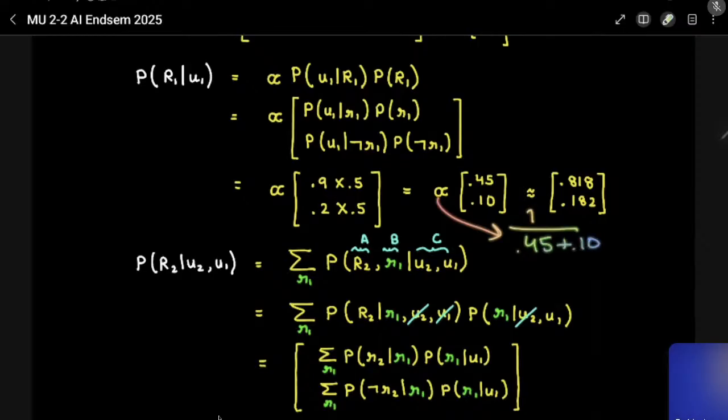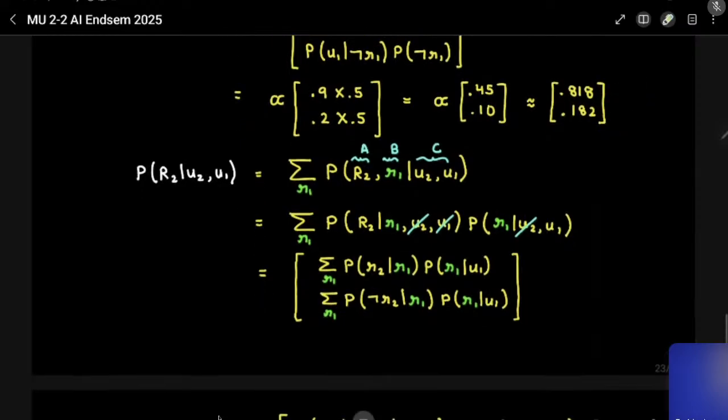If you go by the probability way also, you'll get the same value. But here you don't have to do all of that. You simply write alpha, and at the end when you get a vector, simply do 1 by the summation of the elements of that vector. So finally you'll get the vector probability of R1 given U1. This means the probability that it rained on day 1 given someone carried an umbrella, and the probability that it did not rain on day 1 given someone carried an umbrella.